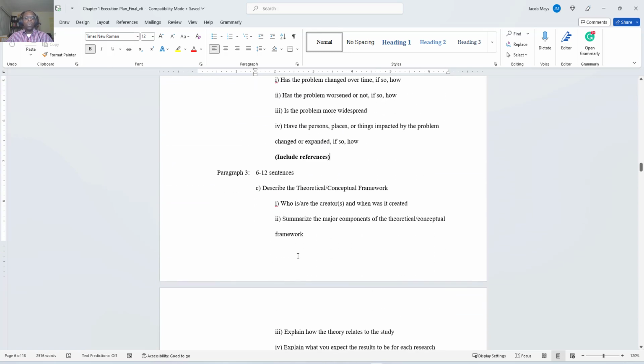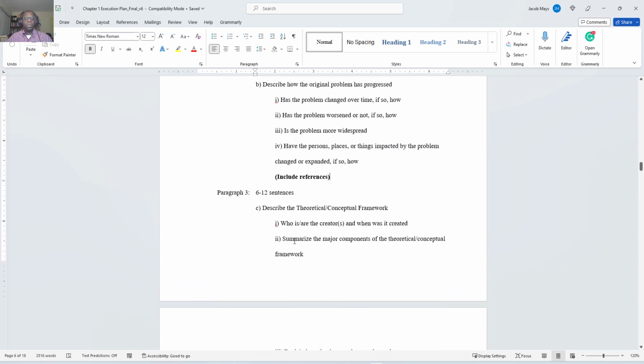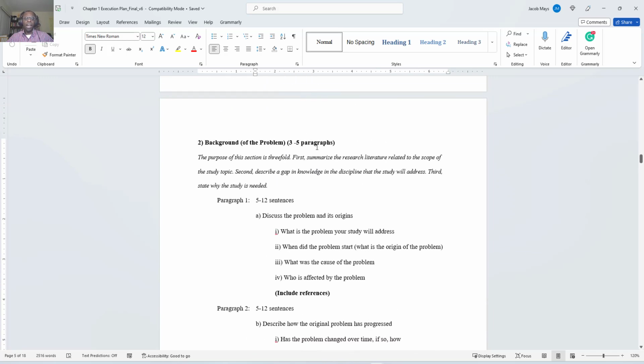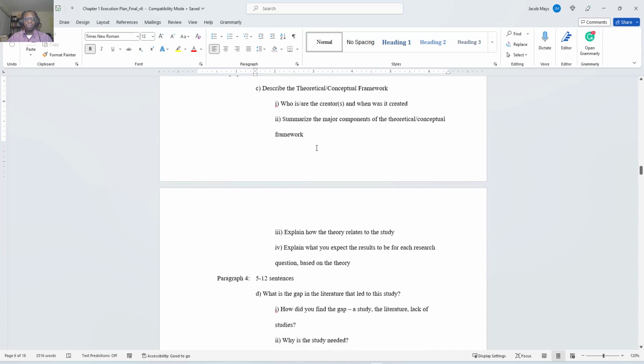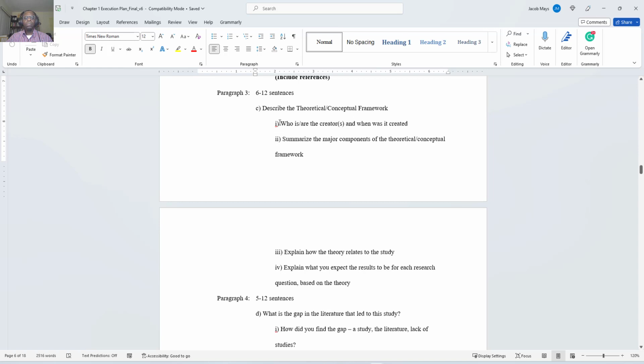Okay? So these numbers are arbitrary, but generally speaking, you don't want to use more than 2 theoretical or conceptual frameworks in your study. That's generally the limit. That's why I say up here 3 to 5 paragraphs. All right. So here's what we're going to discuss in paragraph 3.